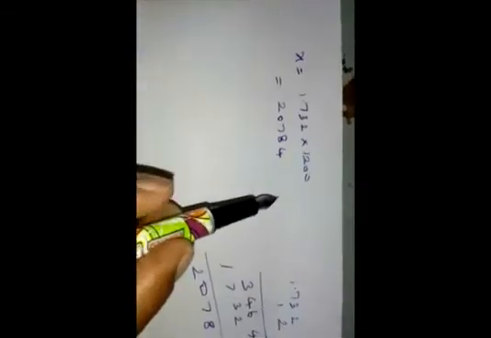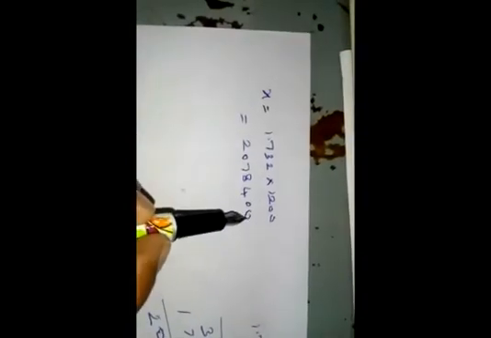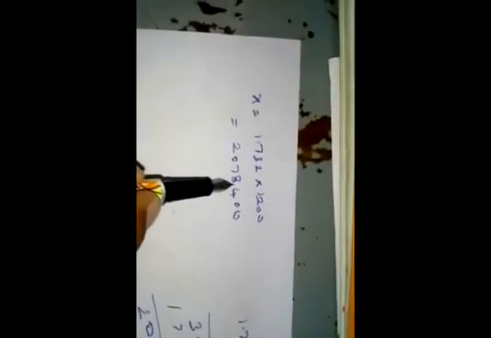By multiplying 1732 by 12, I am getting 20784. Here the 20 is already there, so now I have to add the 20. After that, 1.732 is the decimal value. After the point we have 3 decimal places, so now I have to keep 1, 2, 3 decimal places.